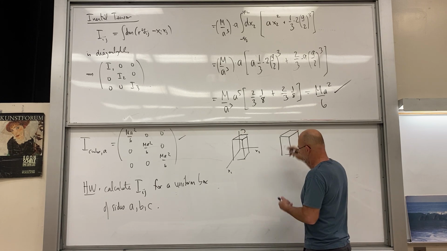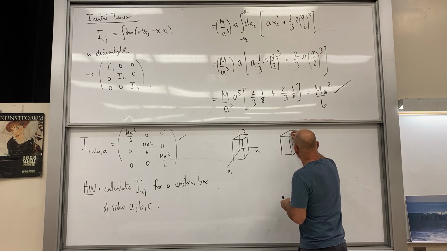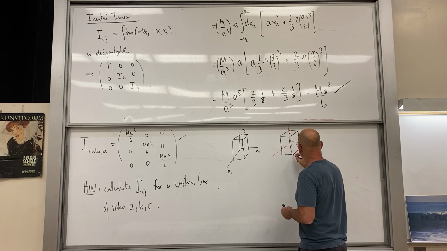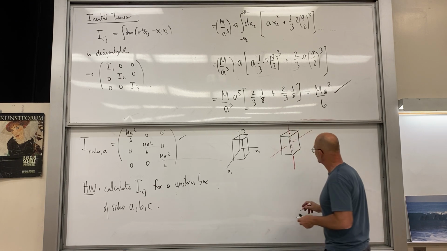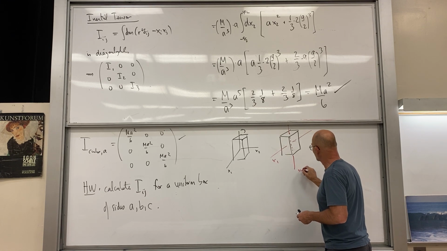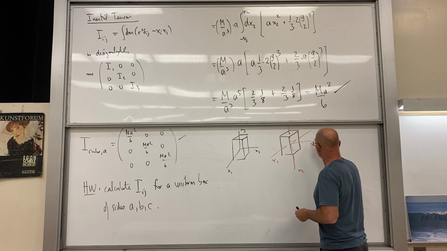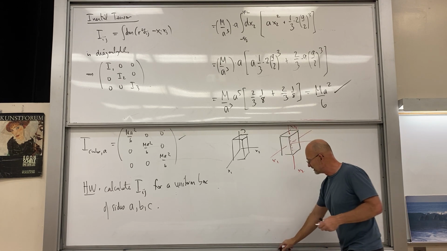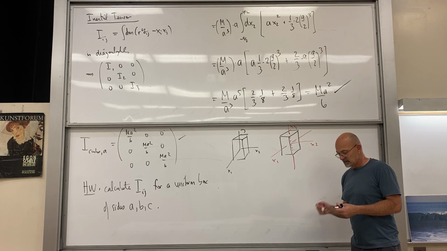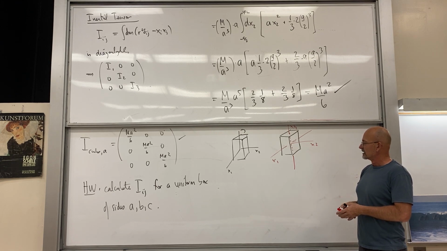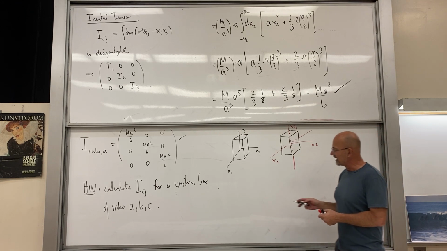So there's the box, and you want your axes to come right out of the center. x1, x2, x3, like that. Box sides a, b, and c.